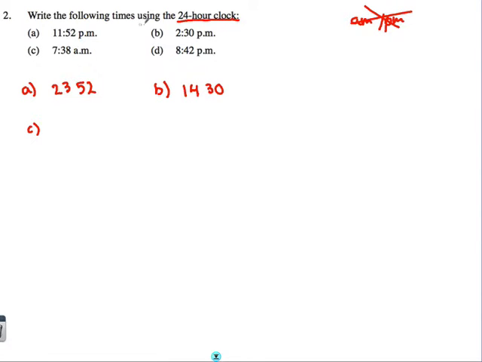But for 24-hour clocks, we need to have 4 digits. This only has 3 if we don't add 12, so we're just going to put a 0 there. It's 0738. Now look, there's 4 digits, and we haven't added the 12 because it's AM. And on to D, PM again, add 12 to the 8, it becomes 20, and it's 20:42.